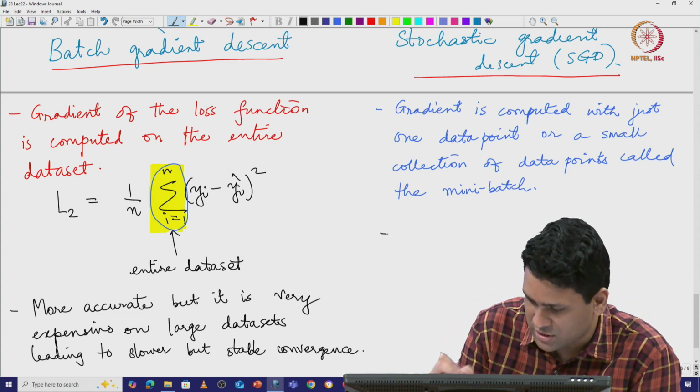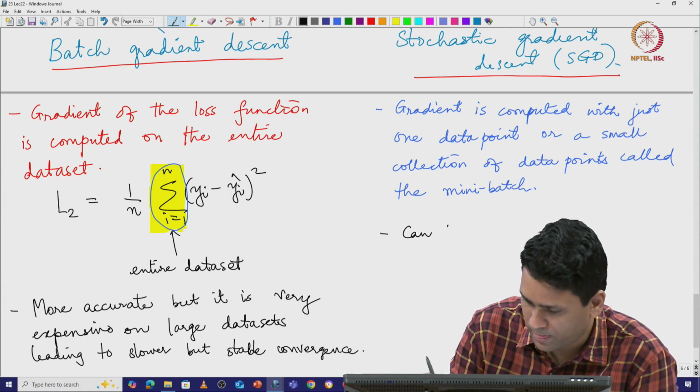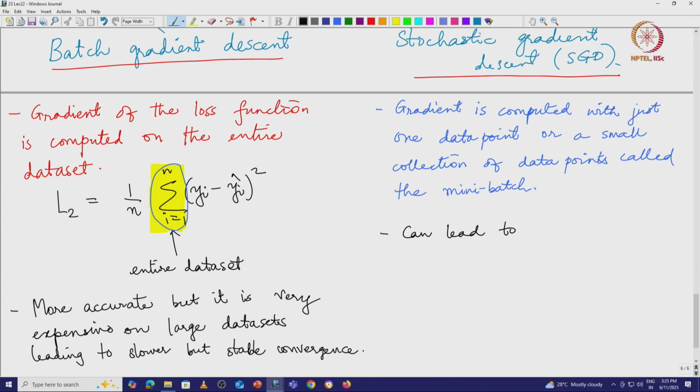Now in the case of the stochastic gradient descent, it can lead to noisy parameter updates. Like I said, your loss function depends in one iteration on only some of the data points, or in the extreme case on only one data point.